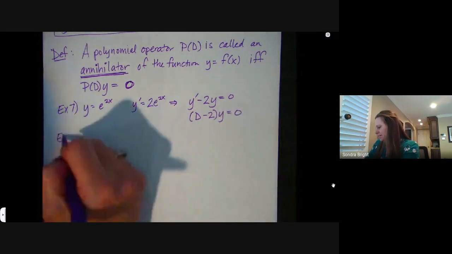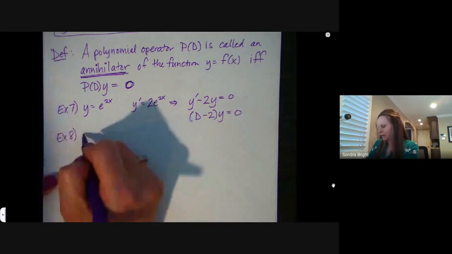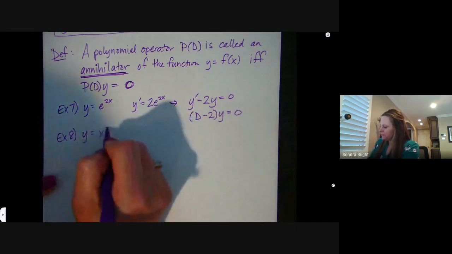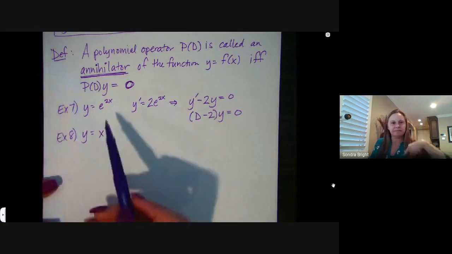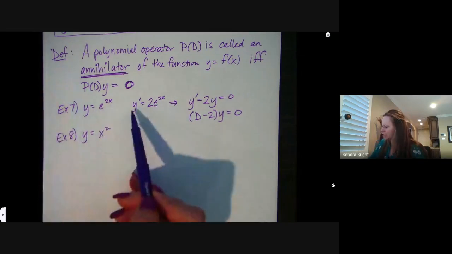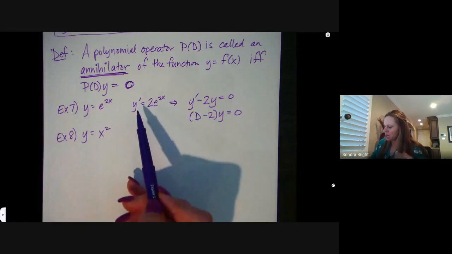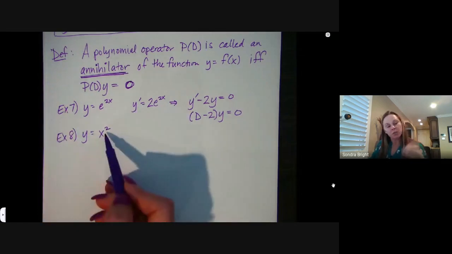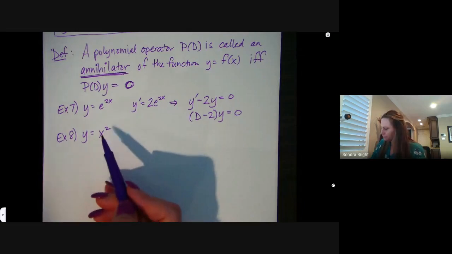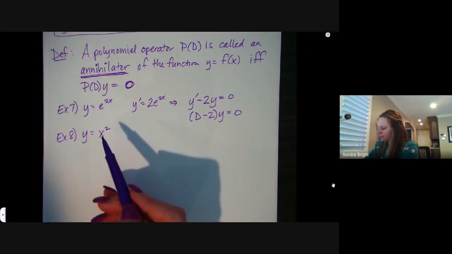All right, another quick example. What if your function is x squared? So this one, because your derivatives on e just keep looping, right? We had to do it this way. This one on x squared, if you keep on taking derivatives, it will bring you to 0. And so that's what I'll do on this one.